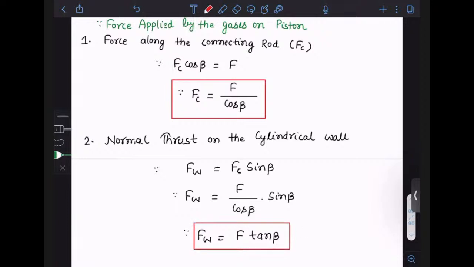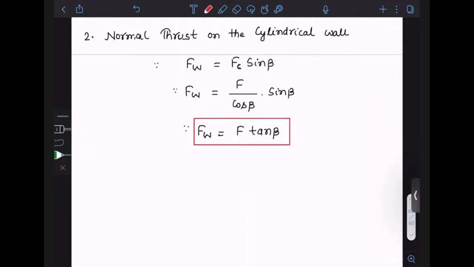Very, very important. Now the next part, my dear, third one: radial thrust force to the crankshaft.